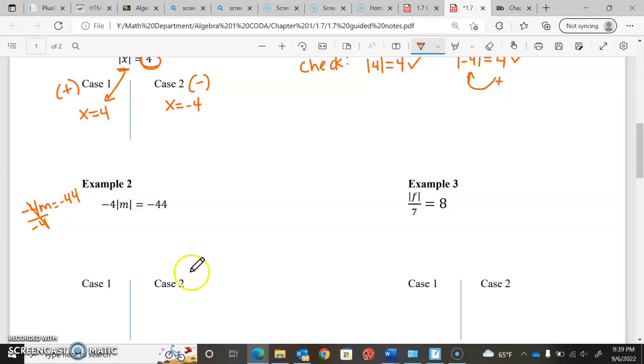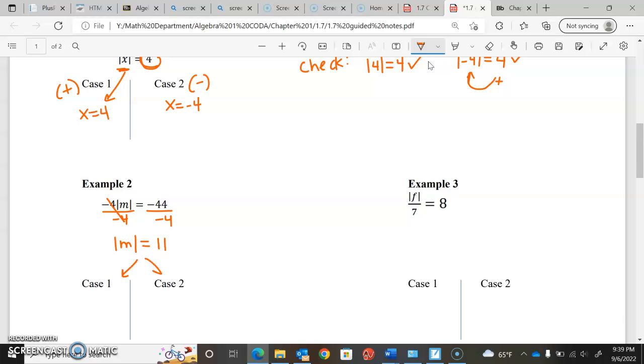So we're still using inverse operations. You're going to do the same thing, but now you're going to have absolute value bars. So divide both sides by -4, and then bring down absolute value of m, and then divide on the right, so -44 divided by -4 is 11. All right, so there's our first step.